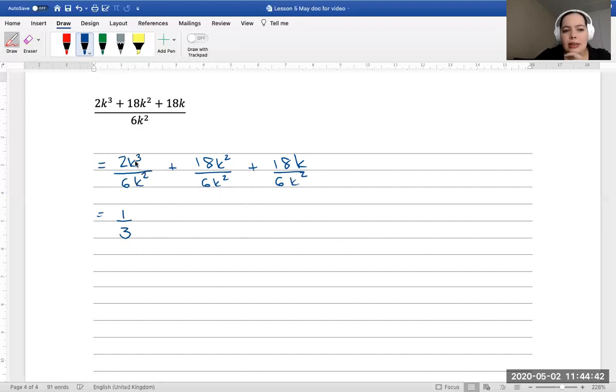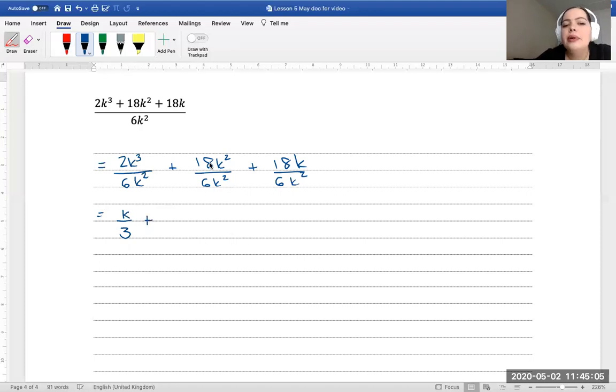There's 3 k's at the top, because k to the power of 3 means k times k times k. Then k squared is k times k, so there's 2 at the bottom. If we cancel them out, there are more at the top than at the bottom. How many more? Just one of them. So I'm just going to write 1k at the top.